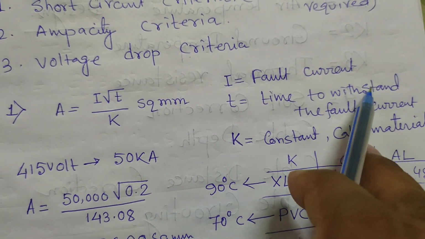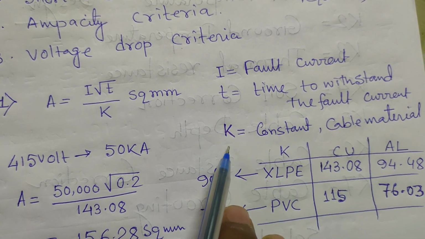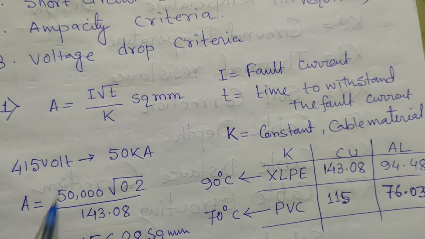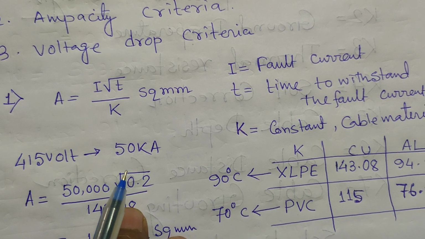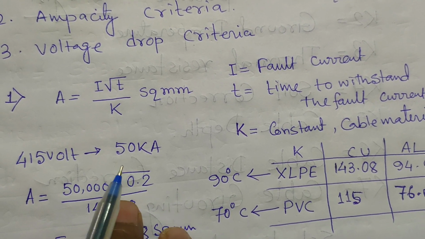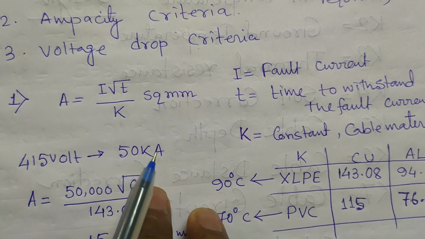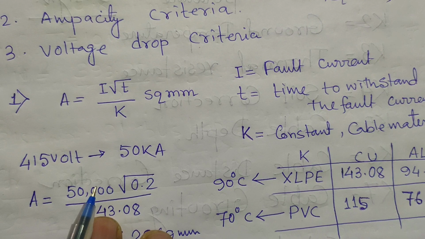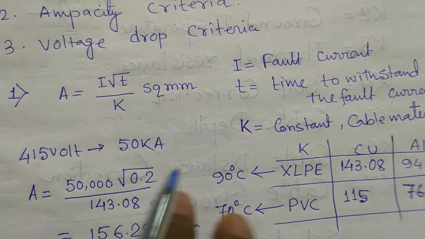I is the fault current, T is the time to withstand the fault current, and K is the constant for the cable material. If the cable manufacturer provides data on how much fault current can flow, you can easily calculate the cross sectional area.